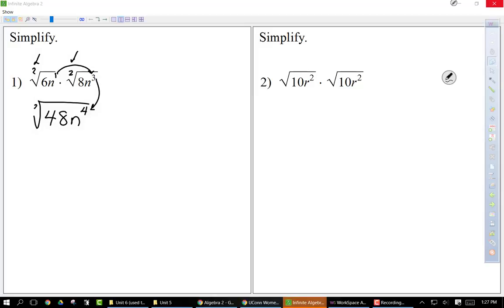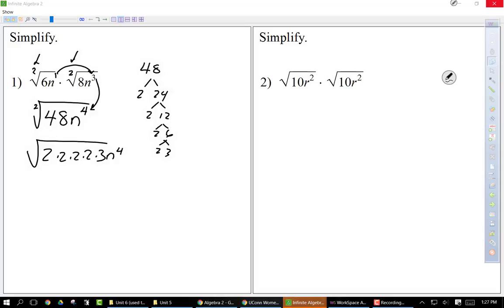So now, because I have the square root, I can break it down. 48, 2, 24, 2, 12, 2, 6, 2, 3. So the square root of 48 is 2 times 2 times 2 times 2 times 3, and then n to the 4.